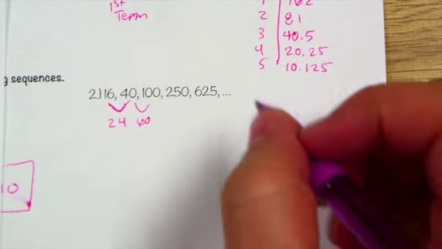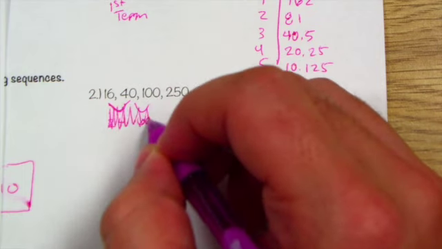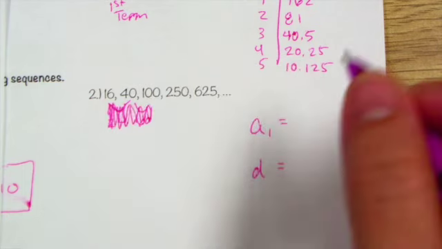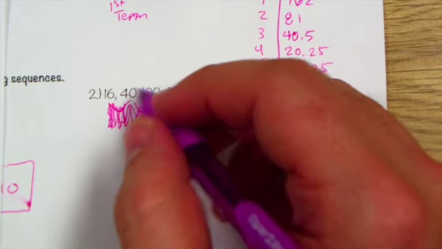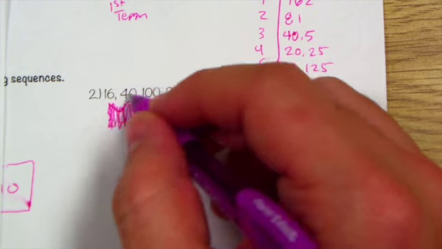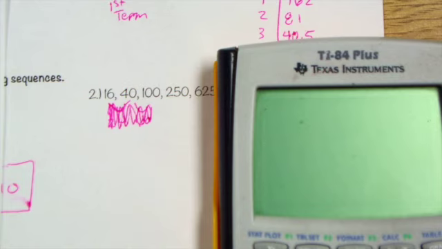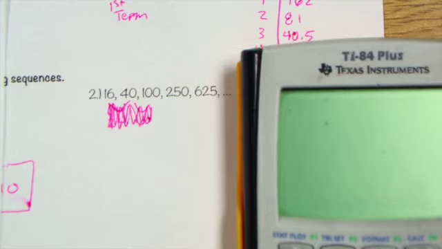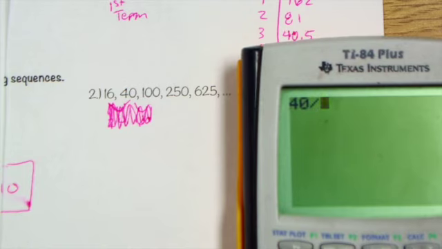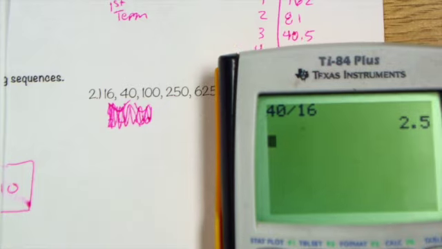Here we don't have a common difference. Now, the other way to do this is, does it multiply by the same amount every time? The way to figure out if something multiplies is to divide the second number by the first number. So let's do 40 divided by 16, and I get 2.5.